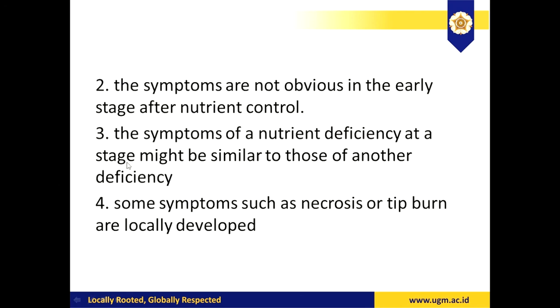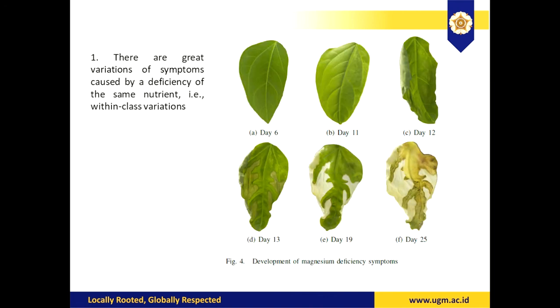The third is that the symptoms of a nutrient deficiency at one stage might be similar to those of another deficiency. Based on this figure, 4c became irregularly shaped, which is a key symptom of calcium deficiency, 1b.